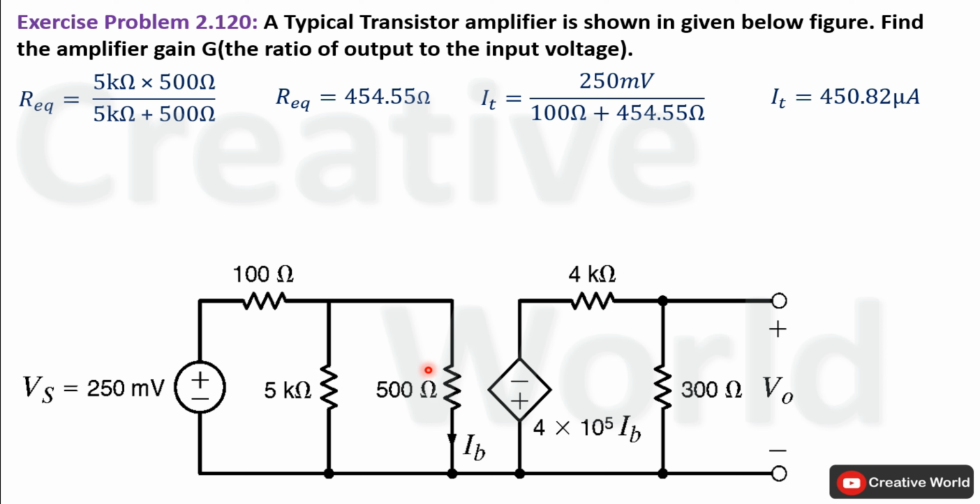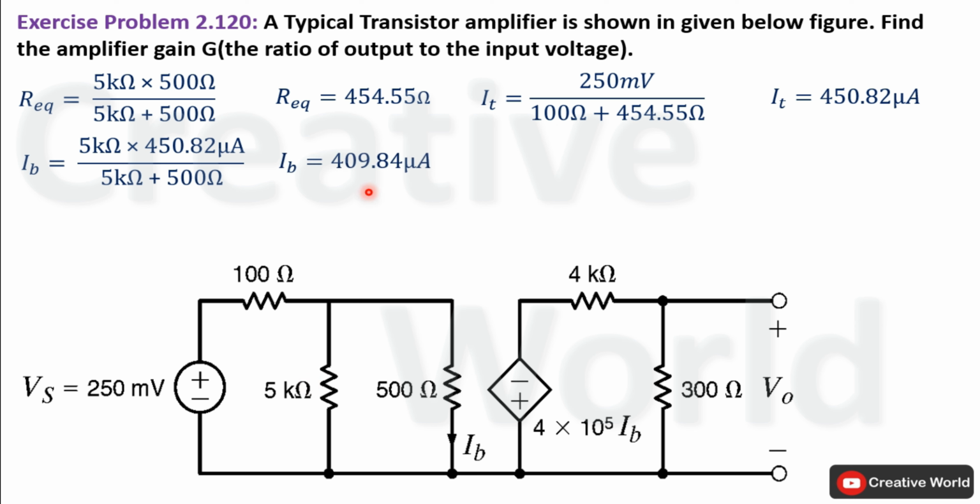The equation for current IB using the current divider rule will be equal to the product of opposite branch resistance and total supplied current divided by the sum of both resistances. So the value of current IB will be equal to 409.84 microampere.